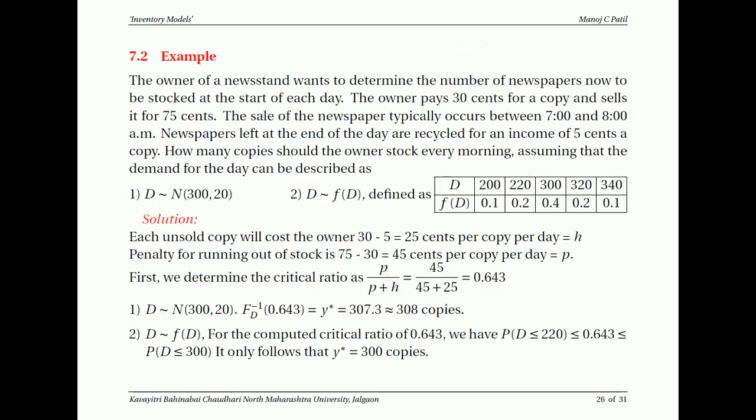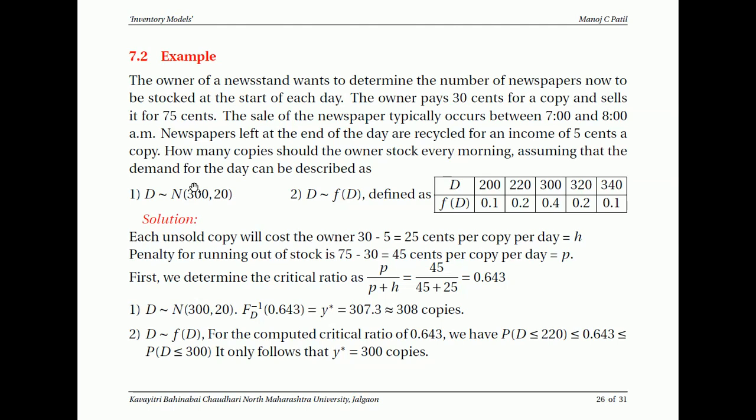Consider the example where the owner of a newsstand wants to determine the number of newspapers to be stocked at the start of the day, that is, he has to calculate y. The owner pays 30 cents for a copy, that is the purchasing cost, and sells it for 75 cents. Very good. So 75 minus 30 is 45 cents.